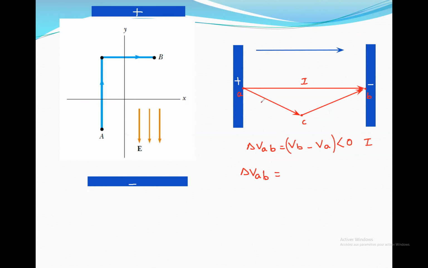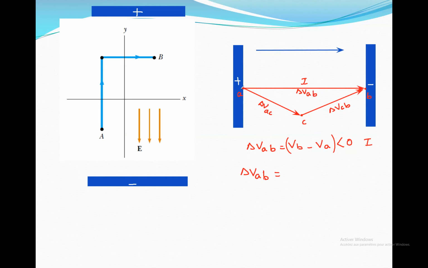Here we have delta VAC, and here we have delta VCB. And here we have delta VAB.